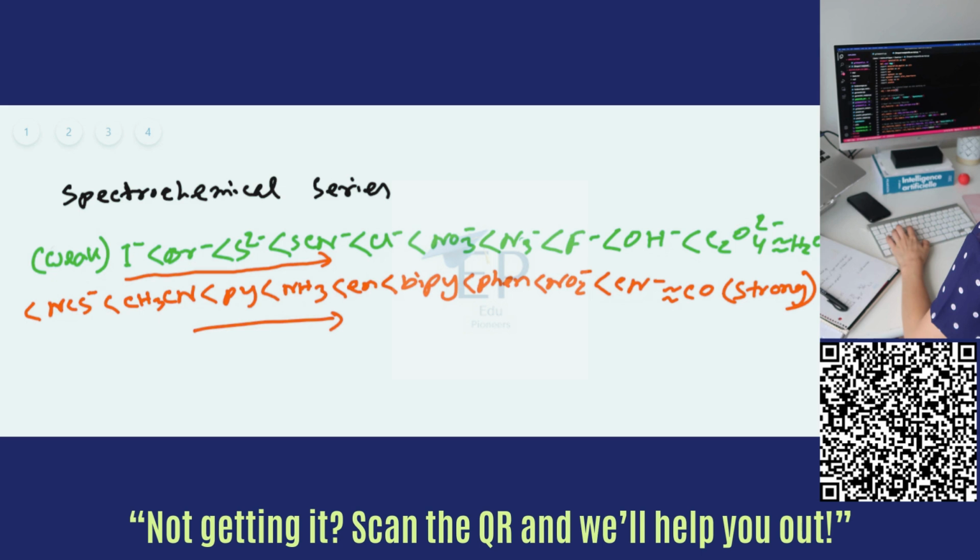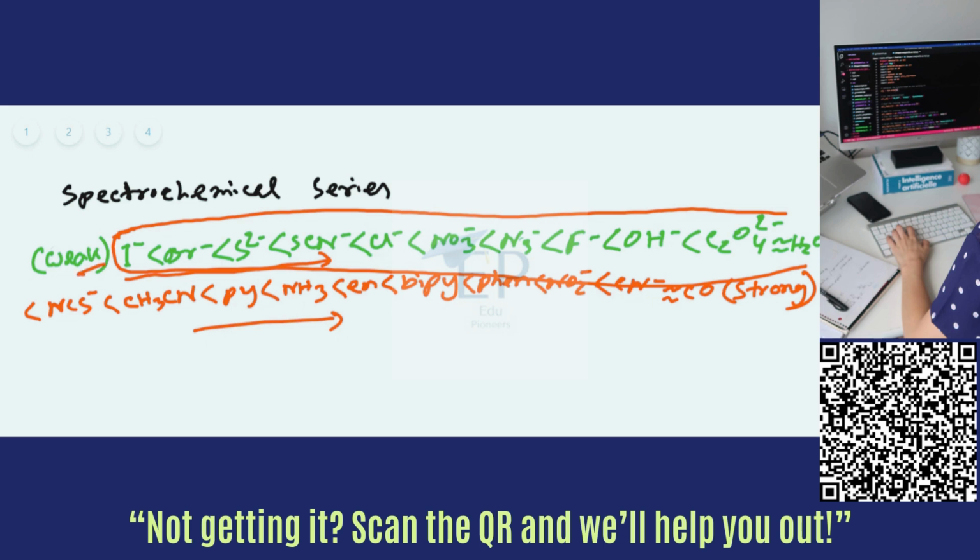So in the top line, the green marked ligands, these are our weak ligands, and the bottom ones in red mark, these are our strong field ligands.